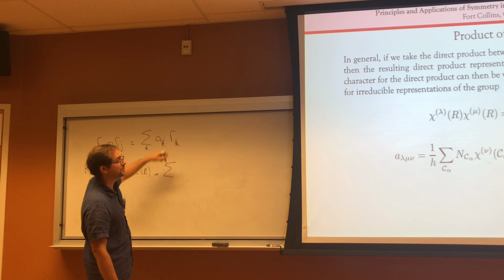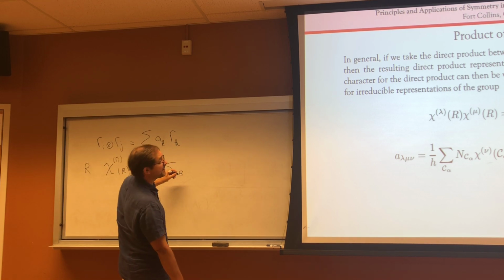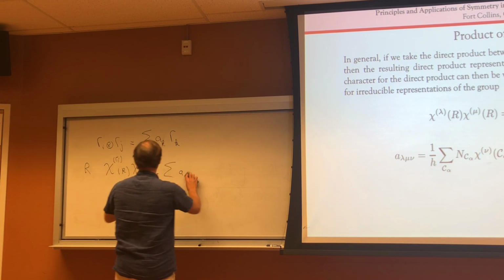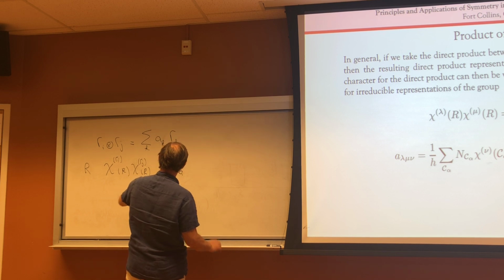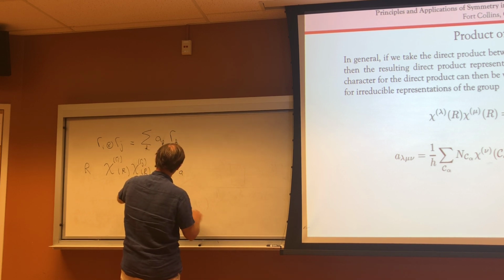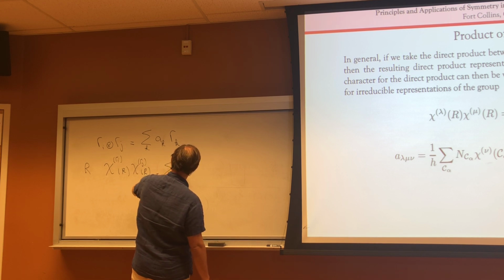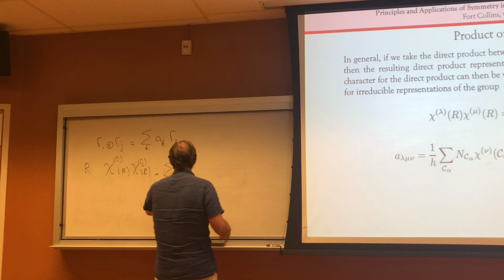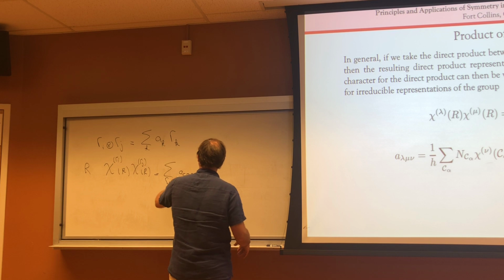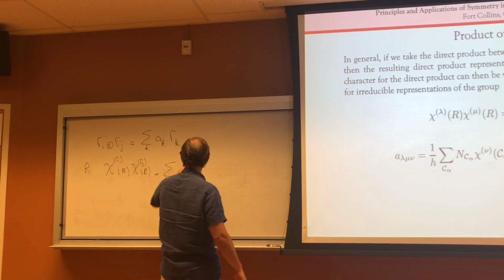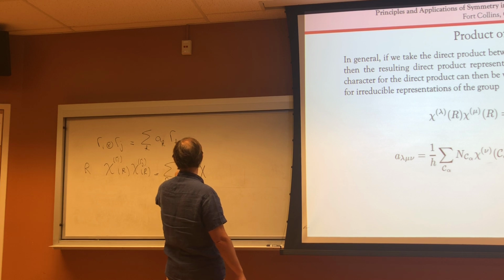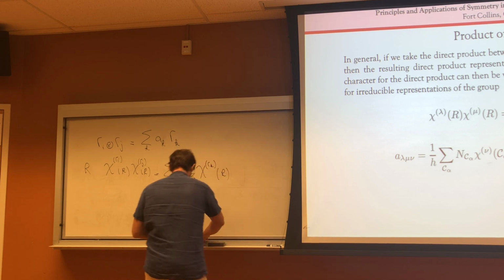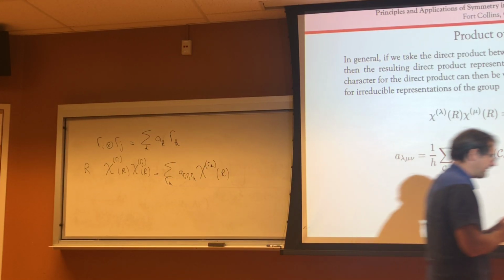I'm just translating this expression here. We remember that we are talking about the character of a given representation times the character of the representation over which we project. So this looks very much like a vector decomposition in a sense.